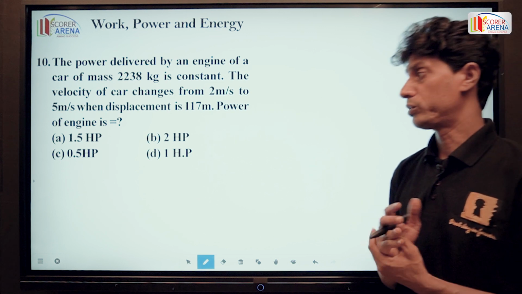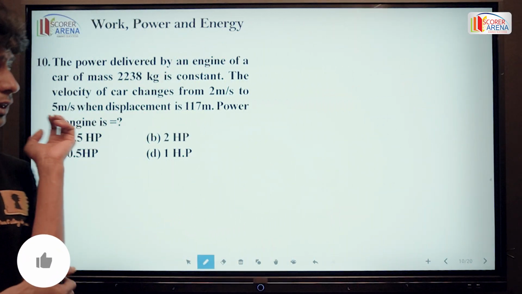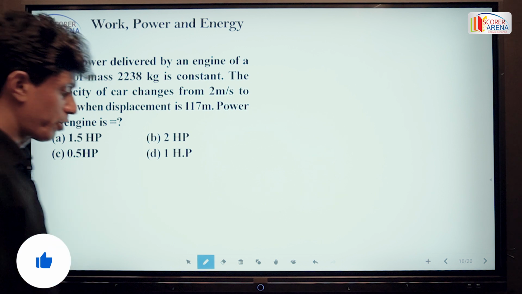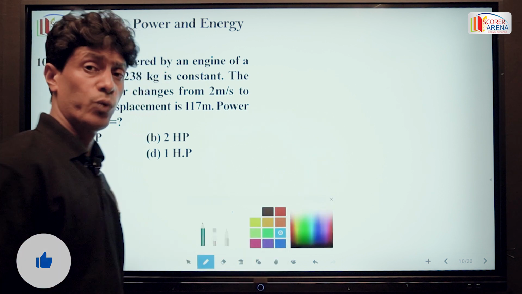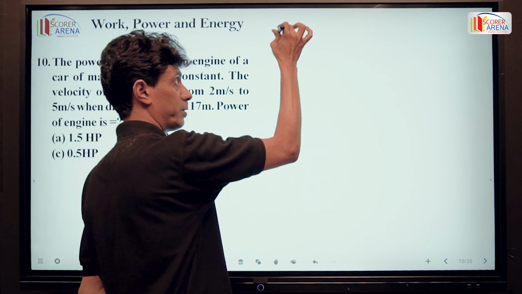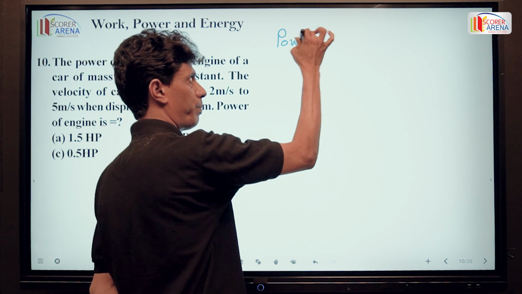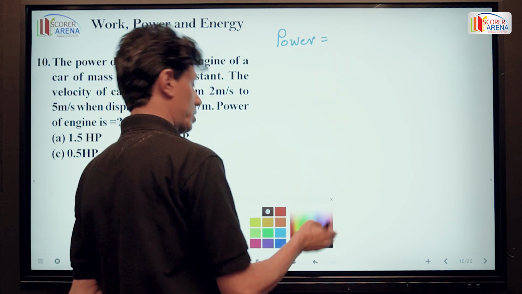Then you have to find the power of the engine. Here one important piece of information in this problem is that power is constant.